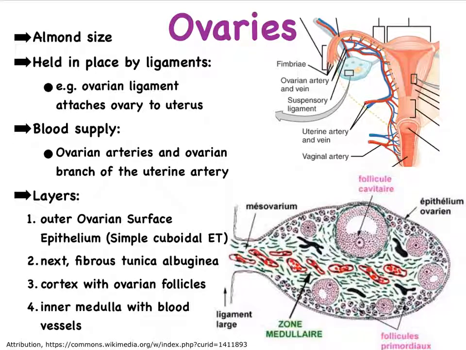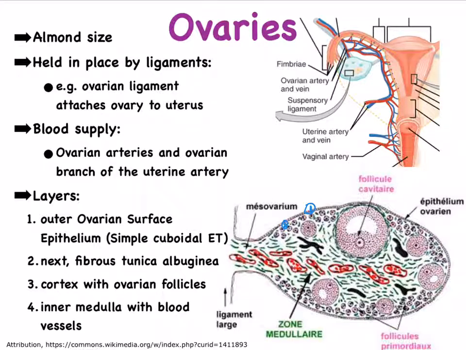We also had a tunica albuginea in the male's testes. Don't forget that the ovaries are homologous to the male's testes. And so if I had to point that out on this diagram, the layer number one would be this layer here. This is one, and just deep to it would be number two.